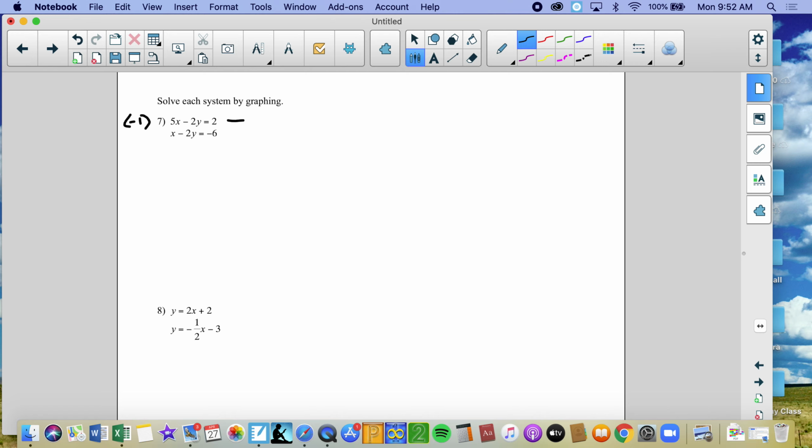So if I multiply this top equation by -1, it converts it to an equivalent equation of -5x plus 2y equals -2. All I've done is multiply -1 times each of the 3 pieces. And then I'm just going to keep my bottom equation the same.